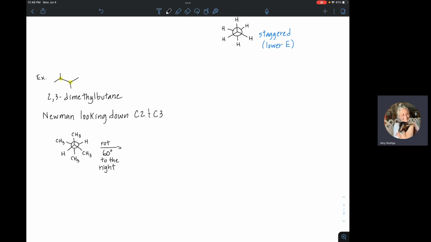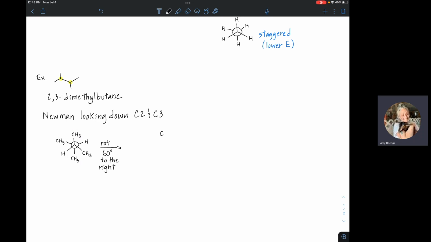I draw that same Newman projection. Basically, you hold one of those carbons still and just rotate around that single bond. So I'm going to change what's going on in the back and just leave what's going on in the front the same. Obviously, if I rotate 60 degrees in the front to the right and 60 degrees to the left in the back, I'm not going to see much going on. But I'm going to hold the front steady.